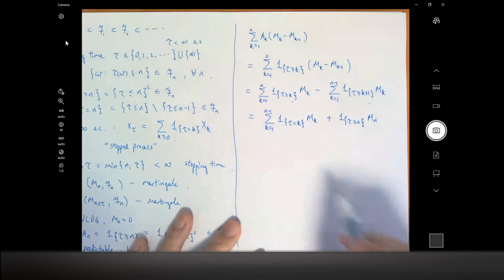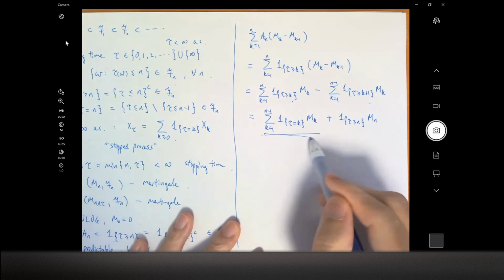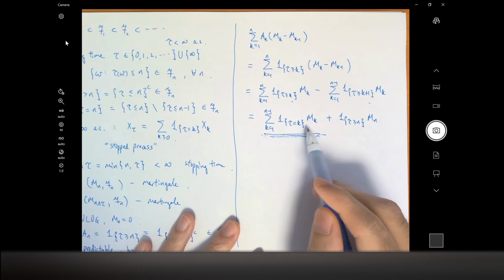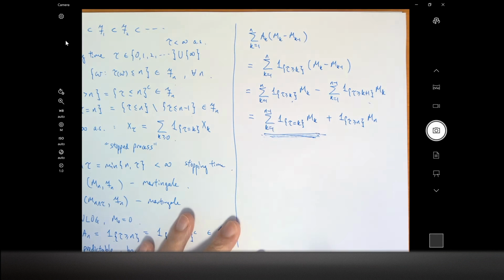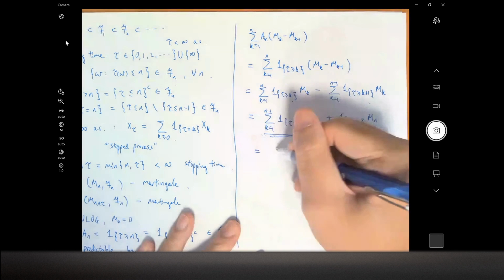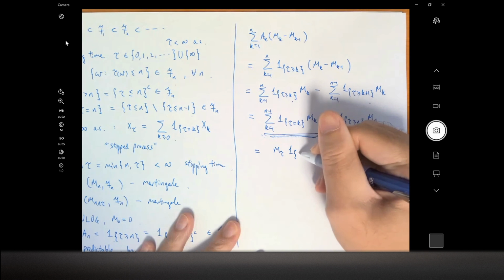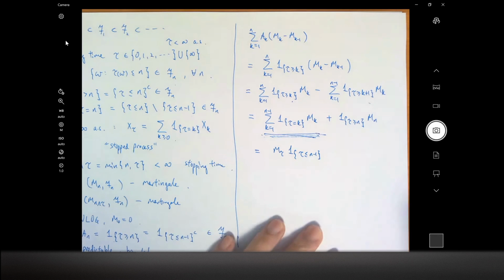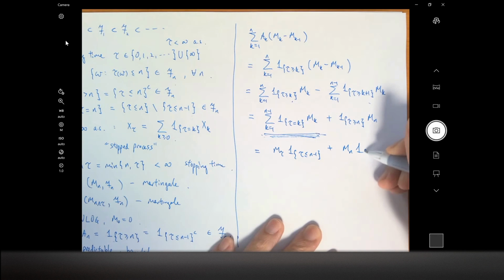So this by definition is basically m_tau restricted to tau smaller or equal to n minus 1, okay? And this part is still the same.